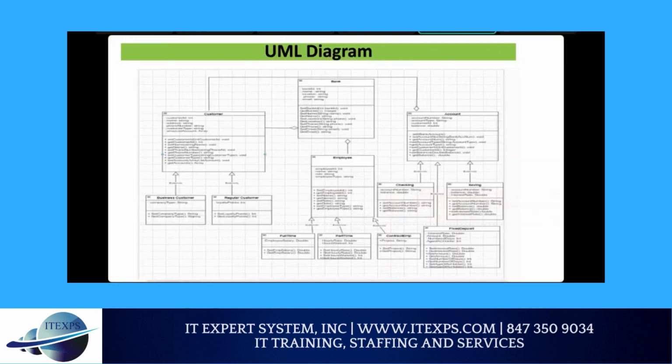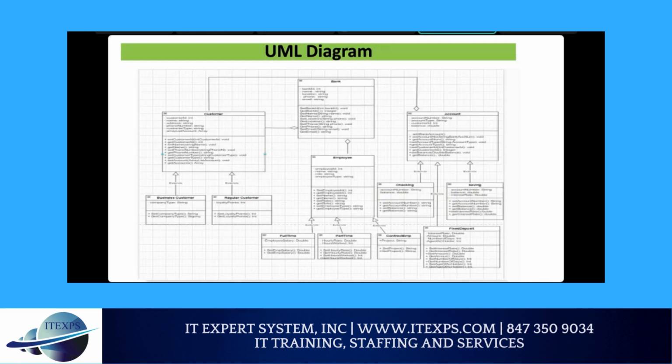Thank you, Zara. As you can see on the screen, this is our UML diagram. This represents the classes we have used in our bank management system. As you can see, we have bank class, customer class, employee class, account class, and let me talk about the relationship they share with each other.